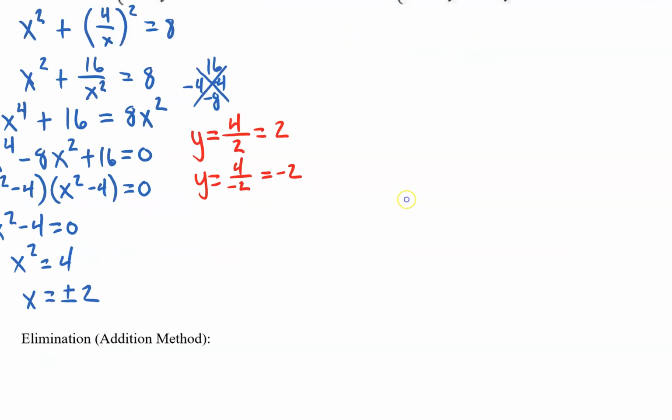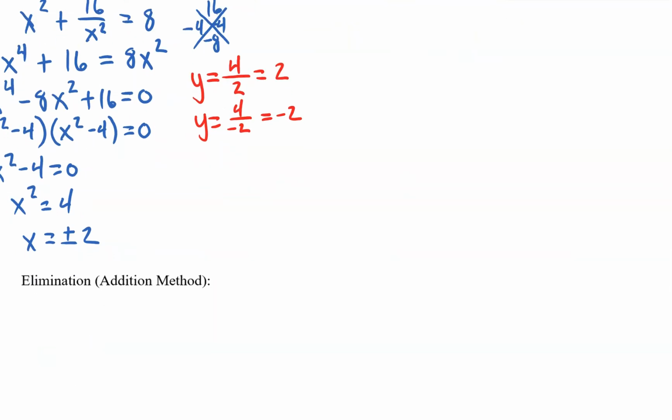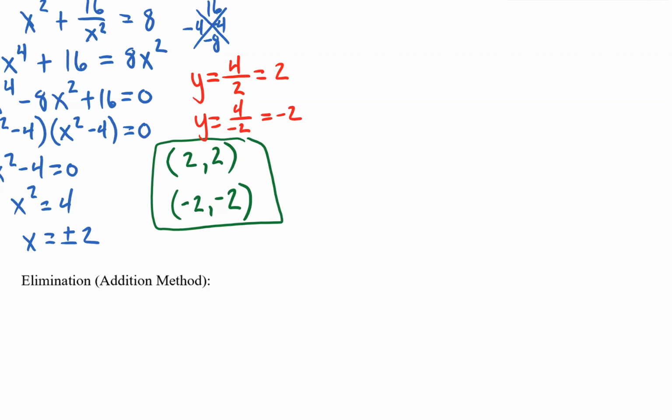And so now I plugged in the first one, I plugged in 2 and I got 2. For the second one I plugged in negative 2 and I got negative 2. So those would be the two answers that we would have.